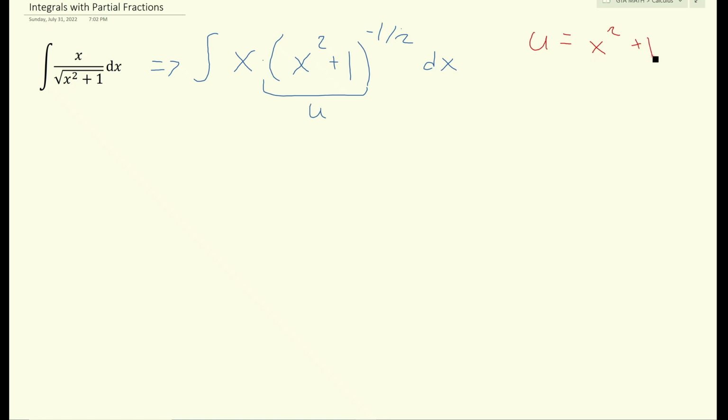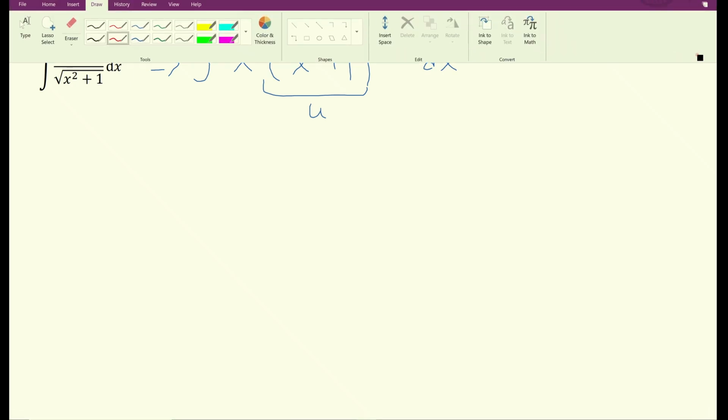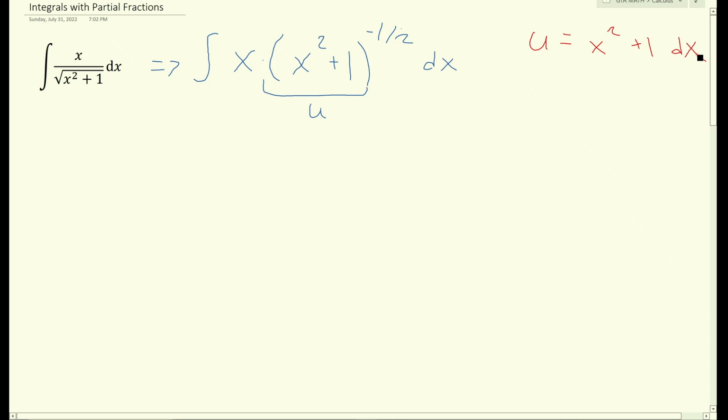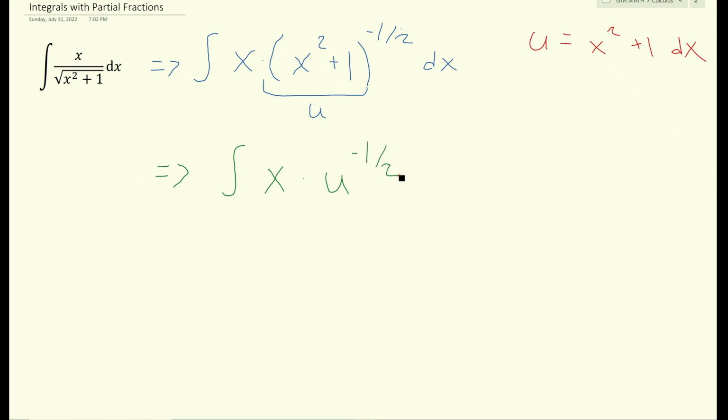And then we're gonna put our dx here. And the next thing we're gonna do is we're gonna rewrite this, and it's gonna look like this. So we're gonna have this integral, and we're gonna have x times u to the negative 1/2 dx.